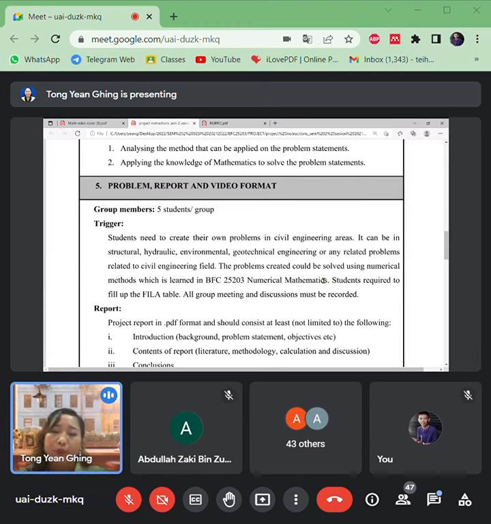What is the problem and how are you going to solve it? The problem has to be solved using the numerical methods that you learn. Let's say, contoh apa, just now I mentioned the flood.